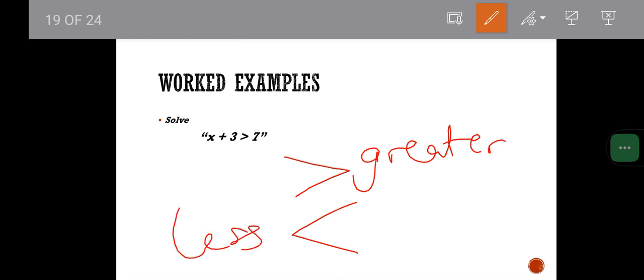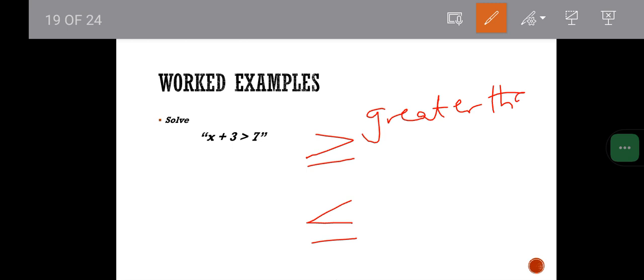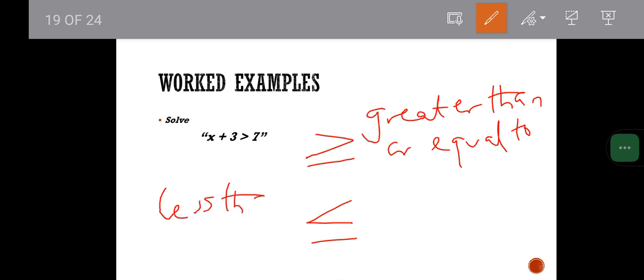It follows a greater than sign or a less than sign, or it follows a greater than or equal to and a less than or equal to sign. This is greater than or equal to, and this is less than or equal to.